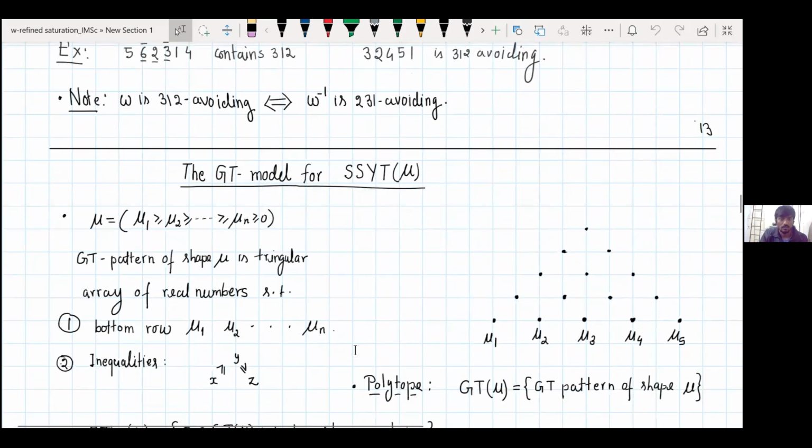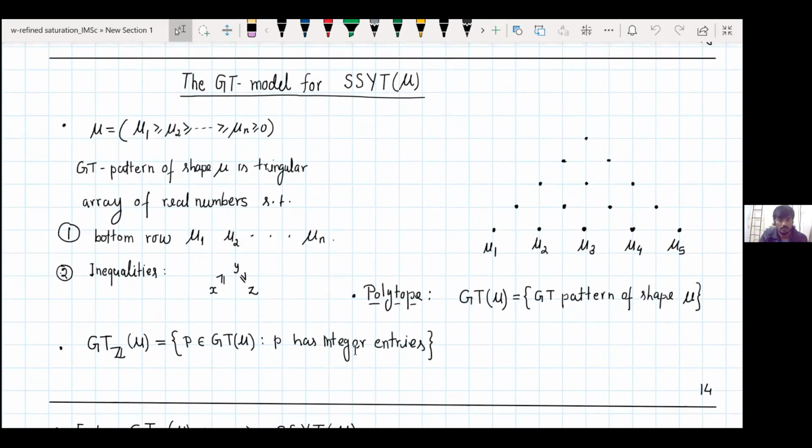Okay, so I will just talk about some GT. What is the Gelfand-Tsetlin pattern? The GT model for semi-standard Young tableaux. If mu is a partition, a GT pattern of shape mu is a triangular array, as appears on the right side, where the bottom row is labeled by this partition mu.